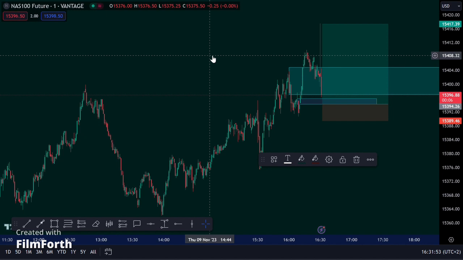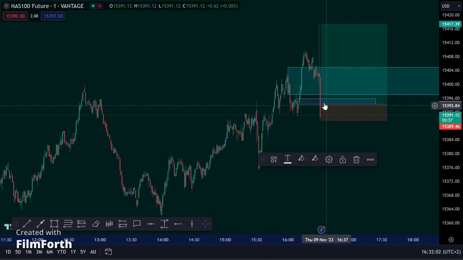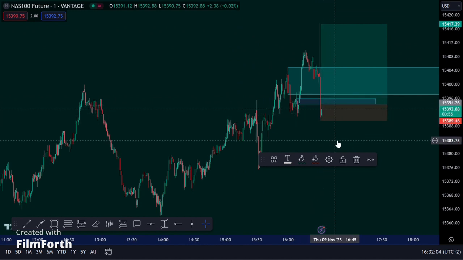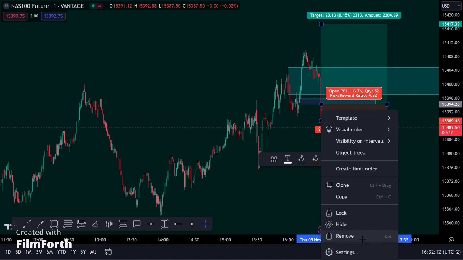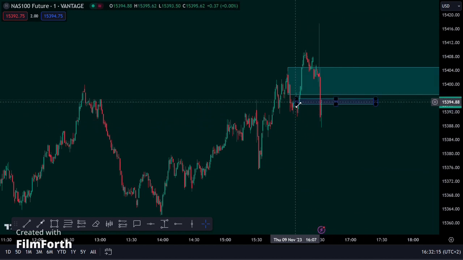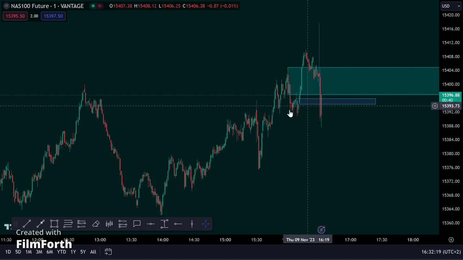Ooh, look at how it just jumped through that. You see? Violated this area. Okay. What? A lot is going on during this time. Okay, let's see what it respected.